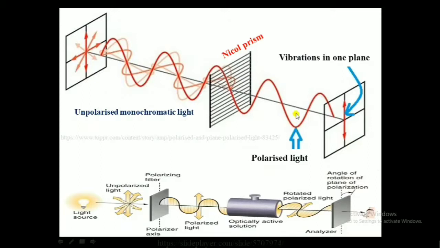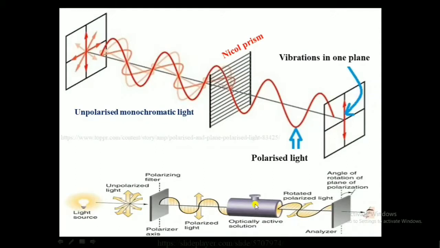When this plane polarized light passes through an optically active solution, its plane may either get rotated to the right or rotated to the left. This property is called optical isomerism.